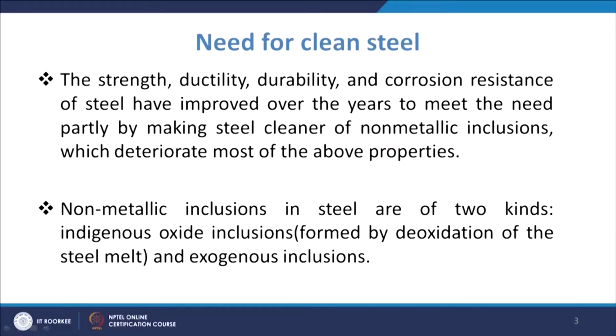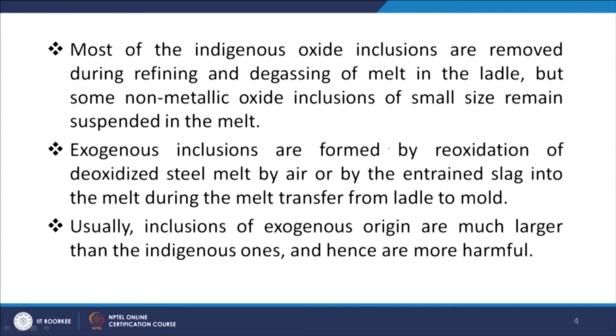If you talk about the non-metallic inclusions in the steel, normally they are of two types. One is the indigenous oxide inclusions. They are normally formed by the deoxidation of the steel melt, and then you have exogenous inclusions. So, these are the two types of inclusions. The indigenous oxide inclusions are basically removed during the refining and degassing of the melt in the ladle itself, as we discussed that we do certain treatment in the ladle.